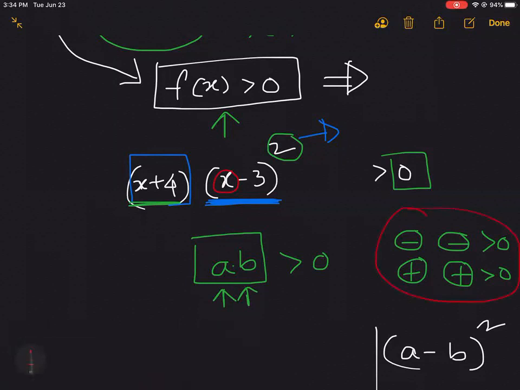There is no way this guy can be negative. So what is the conclusion? Can you see where I'm going? Yeah, exactly. Very good. This can't be negative, so we can rule this out. This is not possible. So the only possible outcome here is this, right? Both of them have to be positive.